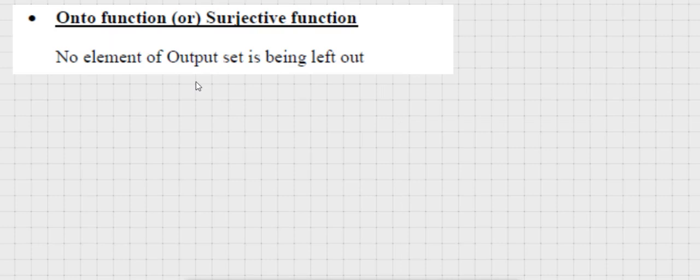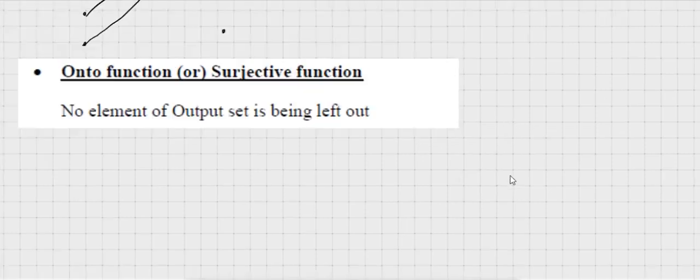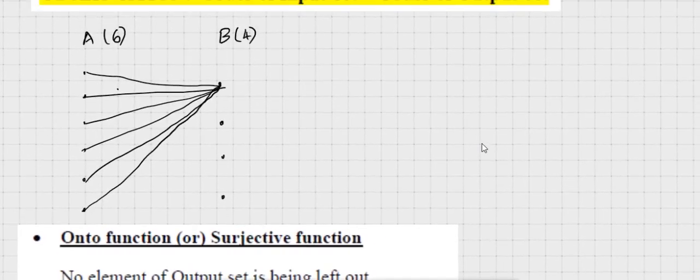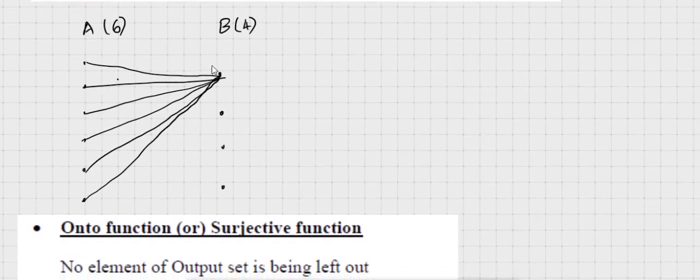No element of the output set is being left out. Is this example an onto function? Of course, this is not one-to-one, we already told. Of course, it is not onto also. Why? See, the elements of the output set were left out.